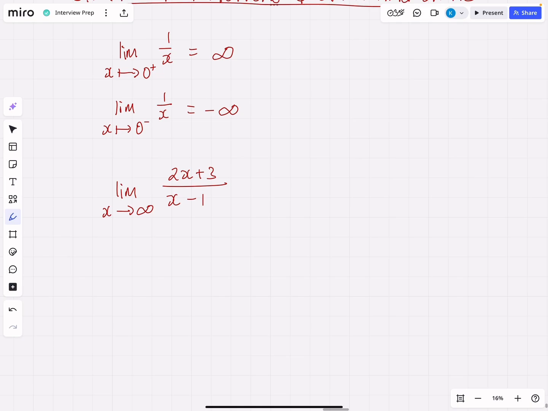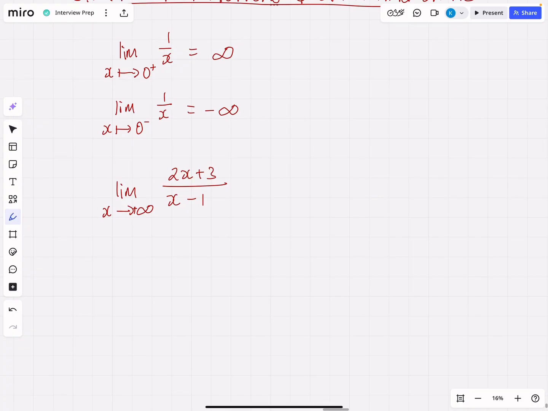This limit is a little bit trickier, right? We've got to consider maybe this vertical asymptote here. We've also got a rational function, and we've got this 2x plus 3, x minus 1. Well, I should really be putting a little plus here. Let's consider the limit as x tends to positive infinity of this function.